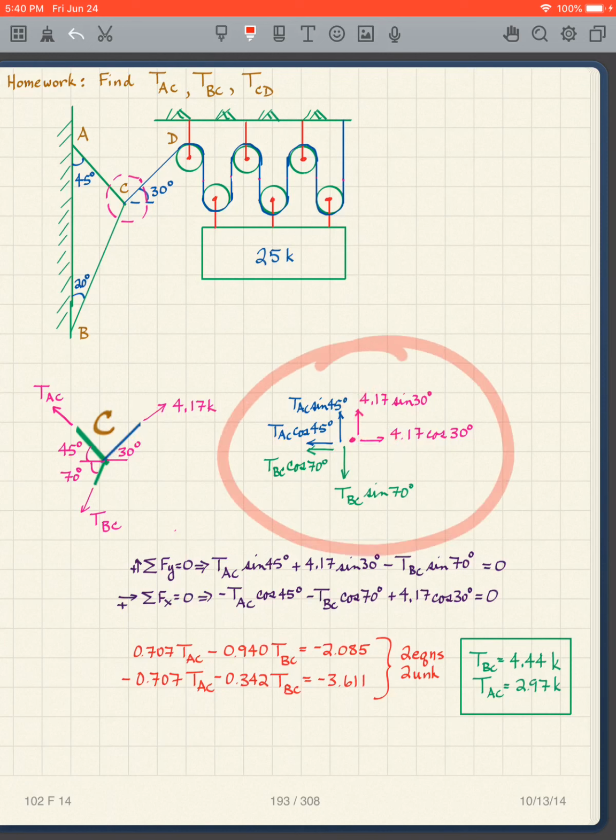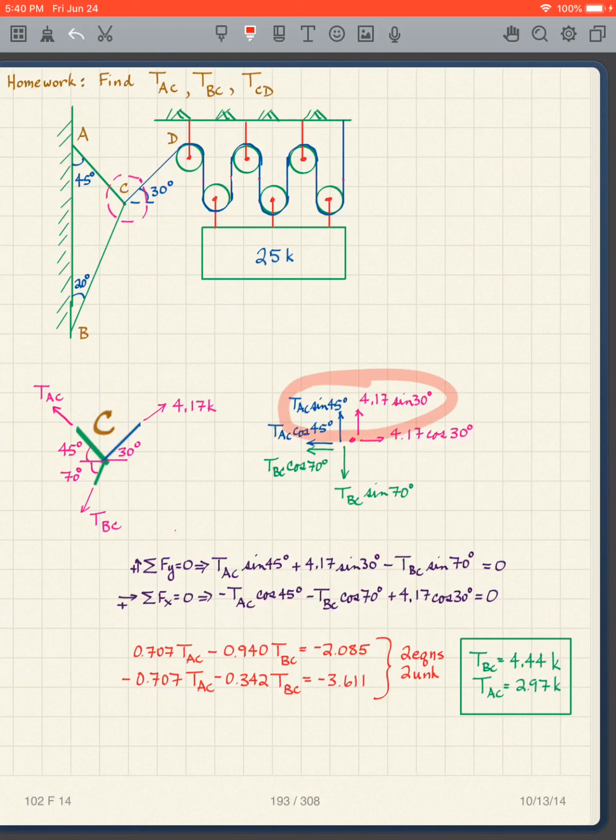I now look at this, I take my y values, that's these. I put it into the sum of the forces in the y direction. I use these for the sum of the forces in the x direction. I now again have two equations, two unknowns. Solve for it. I get TBC is 4.44, TAC is 2.97 kips.